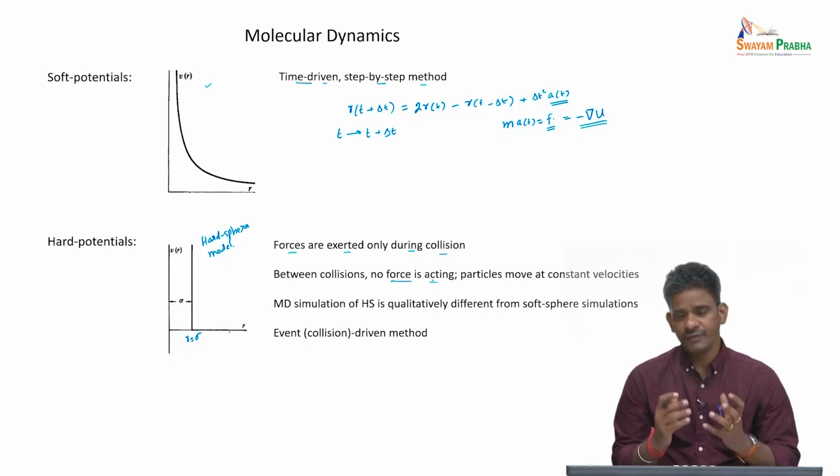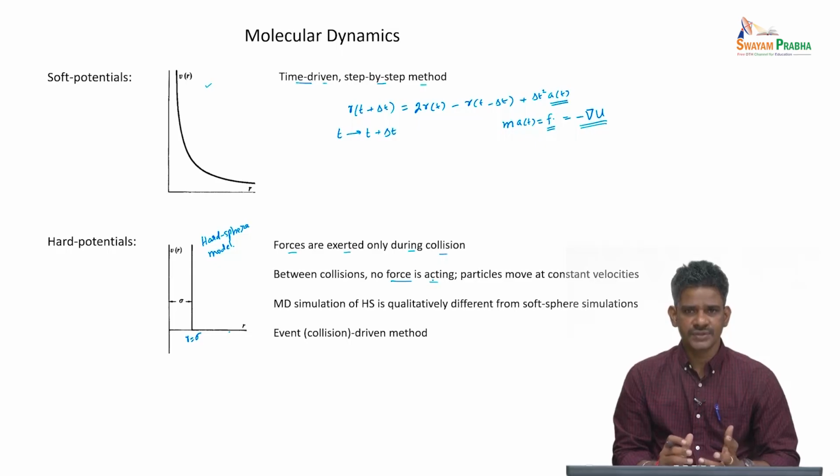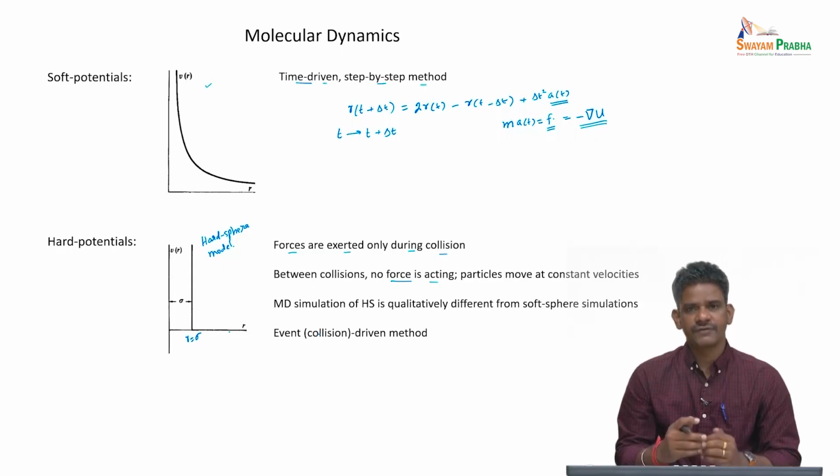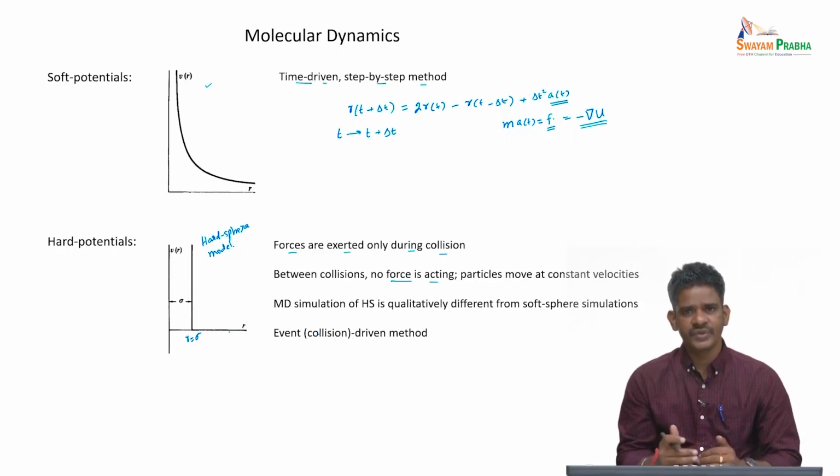So, we have to think about doing this MD simulation of hard spheres a little differently from what we have done for the soft sphere model. The way we construct the algorithm for a hard sphere system is that instead of looking at time and advancing time, here we rather conduct collision events and then update particle positions and other variables at every collision.